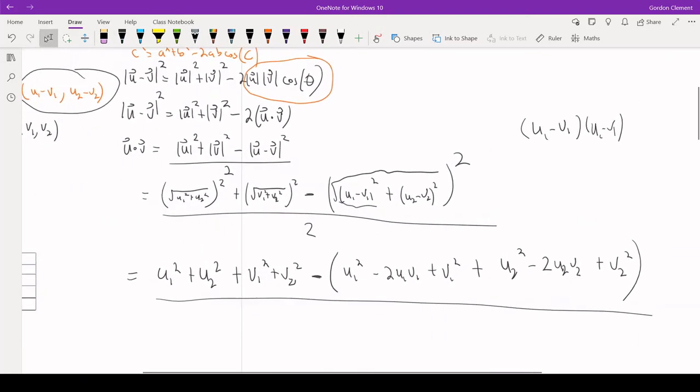And this looks like a total mess. But now, u1 squared, there's a subtract u1 squared, that's going to go away. u2 squared, there's a subtract u2 squared, that's going to go away. v1 squared, there's a subtract v1 squared. v2 squared, there's a subtract v2 squared.